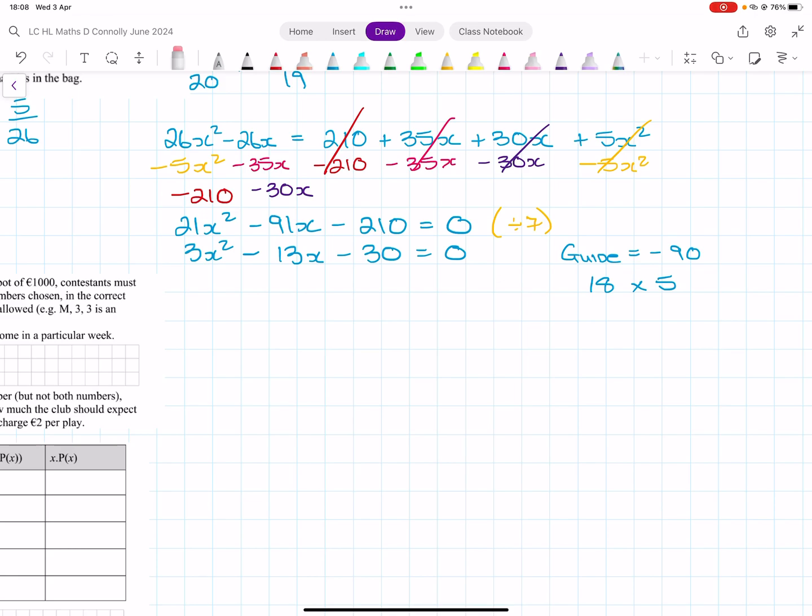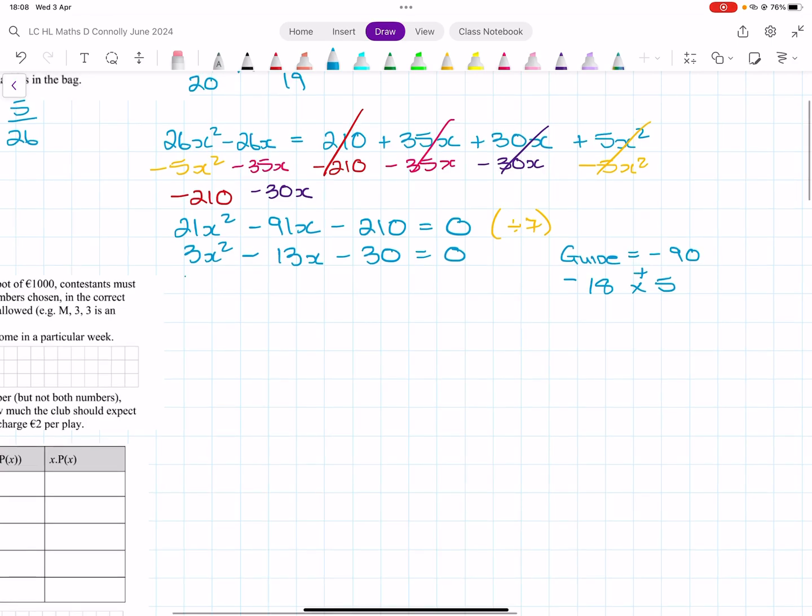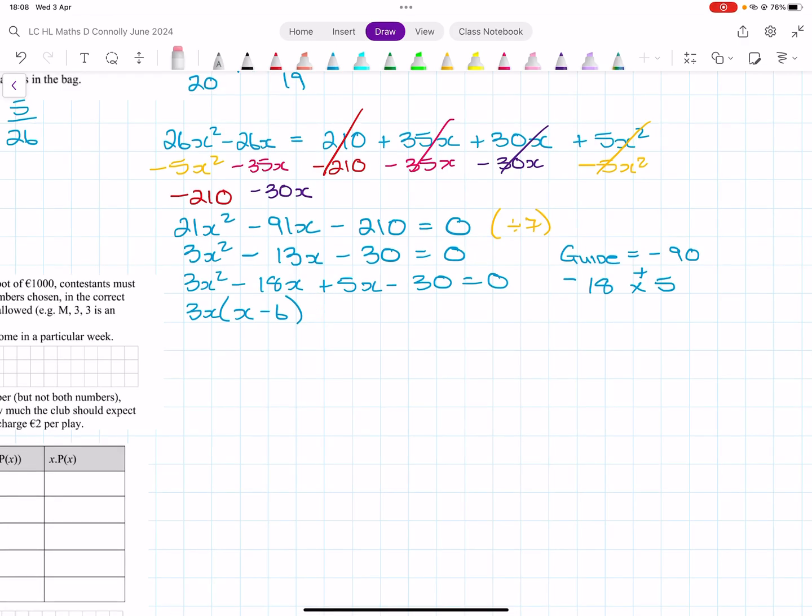And I want minus 13, so minus 18 plus 5. Yep. So that is 3x squared minus 18x plus 5x minus 30. And that is 3x, which leaves x minus 6, and plus 5, x minus 6.